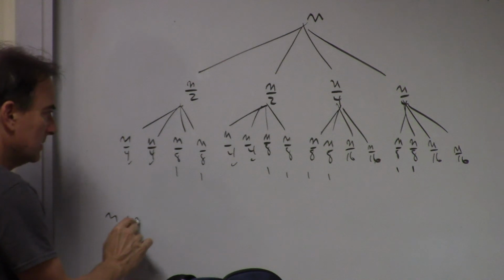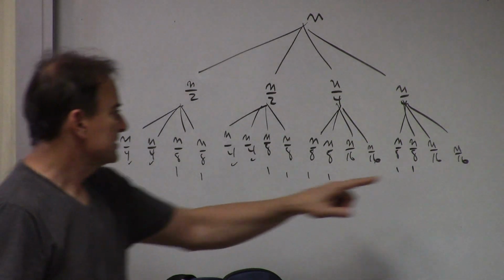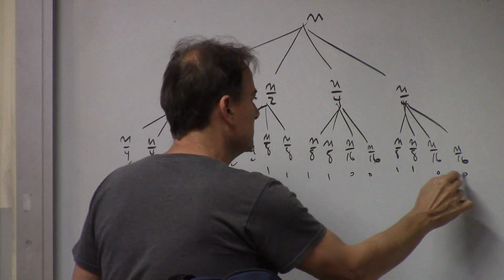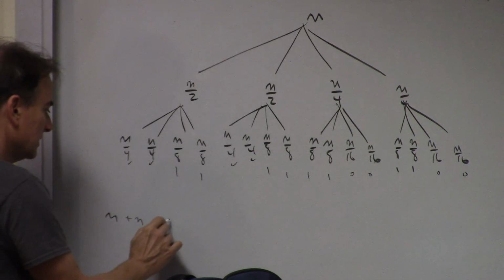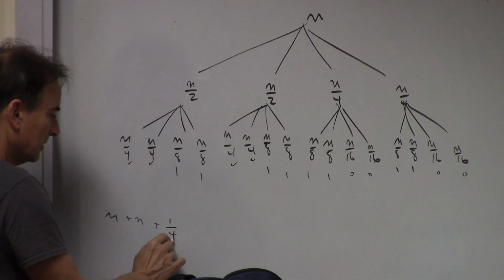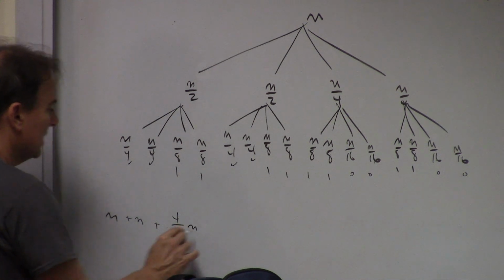That's another n, right? And then we have n over 16, so we have 16, 16, 16, 16. How many 16s? 4 16s. Plus 4 16s is 1/4, right? Let's keep 16. So we'll say 4 16s n.